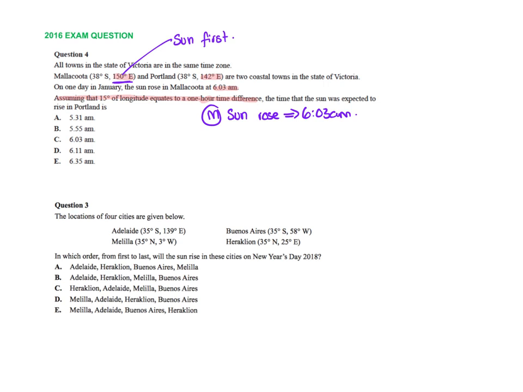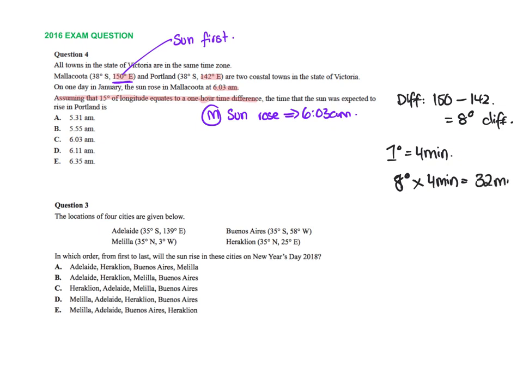So remember the time difference, you work out the difference in longitude. So we've got 150 minus 142. So there's 8 degrees difference. And if we want, we could just use that other fact that we said, that 1 degree equals 4 minutes. So 8 degrees would be times 4 minutes, so we could say that's 32 minutes.